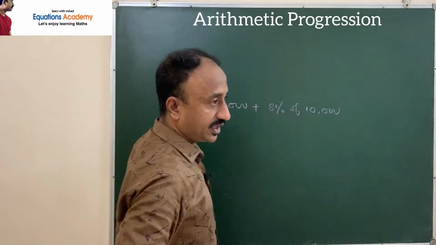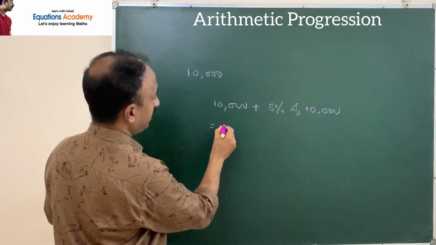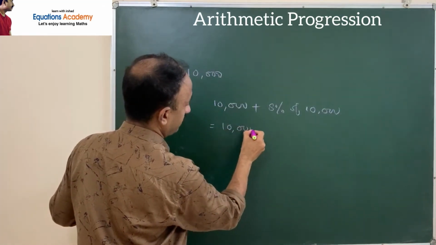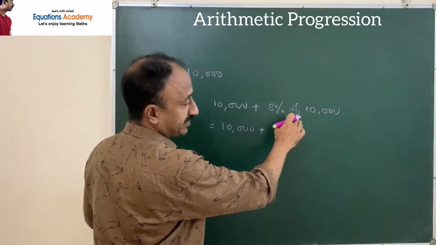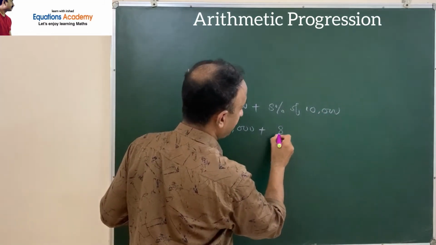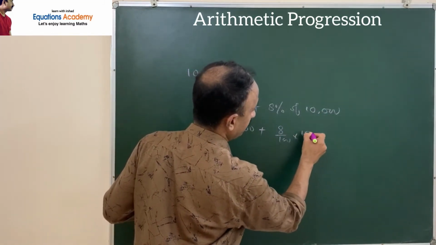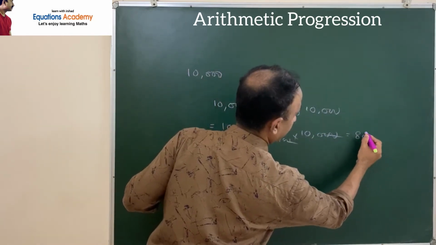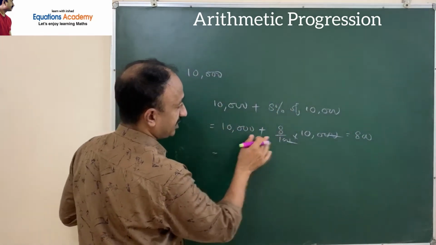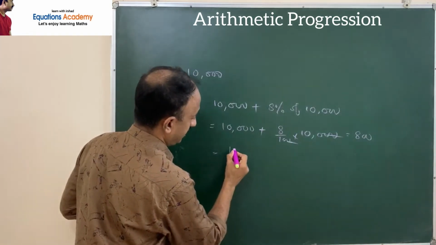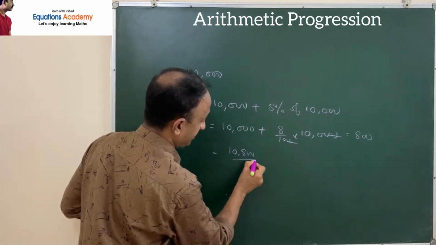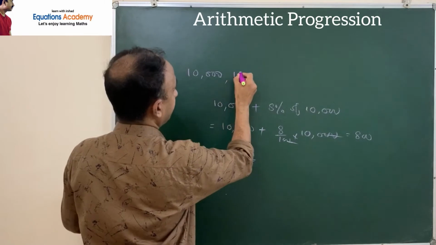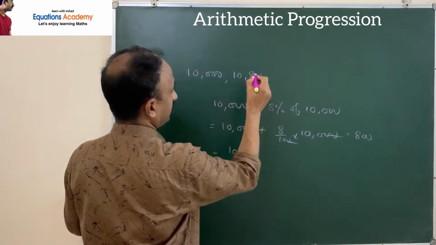So this will be 10,000 plus 8 divided by 100 into 10,000, 8 into 100 is 800. So he will get 10,000 plus 800 equal to 10,800. This will be the second term, 10,800.